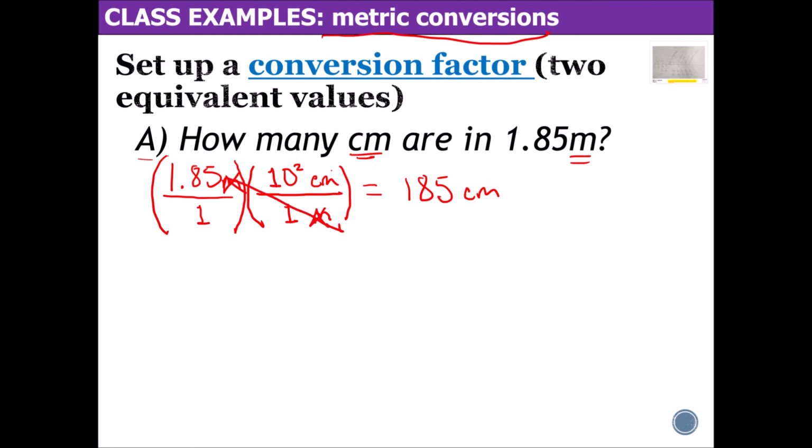Whatever you are left with becomes your new unit. So 185 centimeters. You do not have to write the parentheses or the 1 with your starting factor. You do have to write parentheses, numerator, denominator to show me what conversion factor you are using.